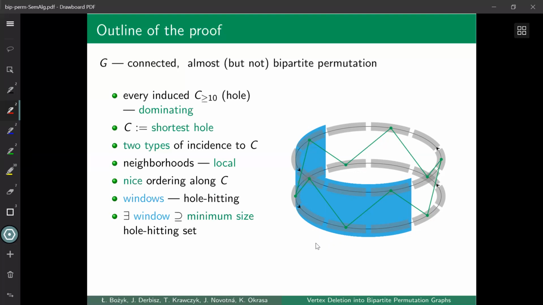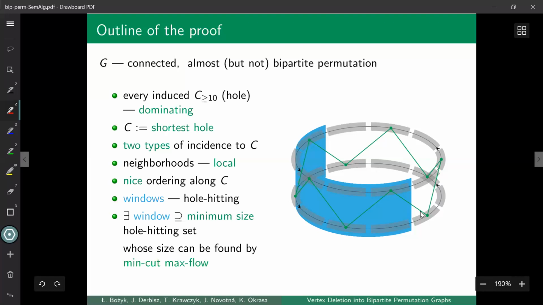So we need just to go through all possible windows and find a minimum vertex separating set within such a window, separating the left side from the right side. Such a separation can be done by classical max flow min cut.